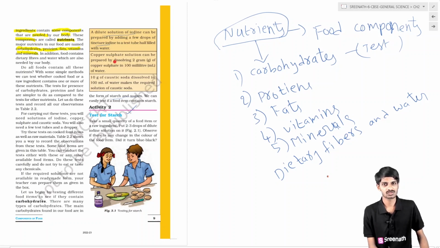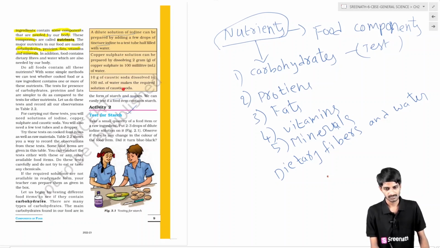Now, copper sulfate solution. How to prepare it? This can be prepared by dissolving 2 grams of copper sulfate in 100 ml of water. Take 100 ml of water and 2 grams of copper sulfate, dissolve it, and you will get the copper sulfate solution.